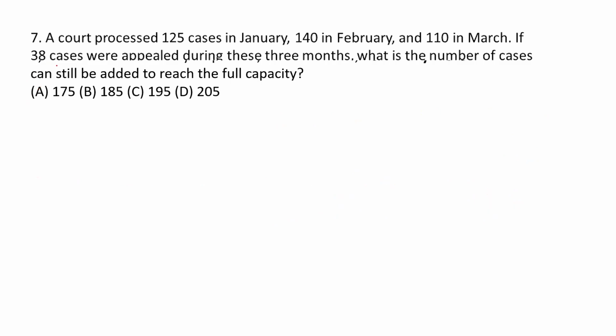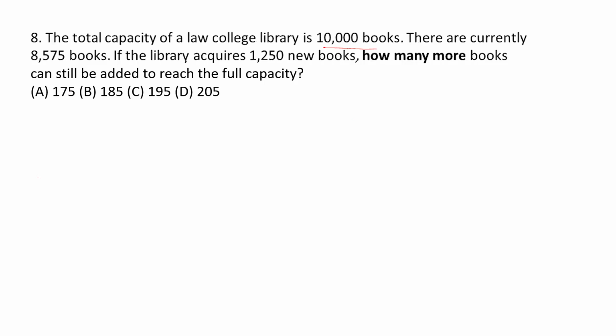The total capacity of a law college library is these many books. In a library, 10,000 books can be occupied. So there are currently 8,575 books. If the library acquires these many new books, how many more books can still be added to reach the full capacity?